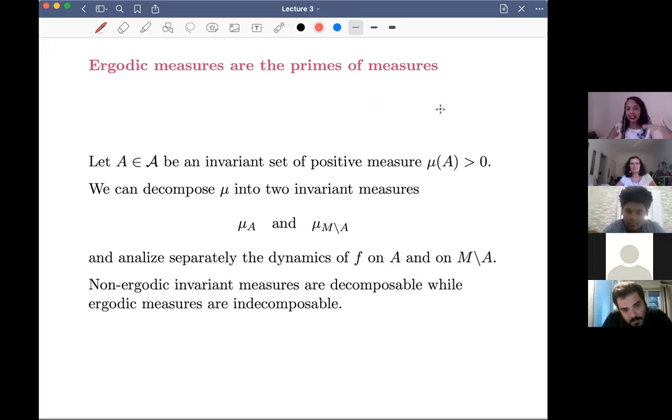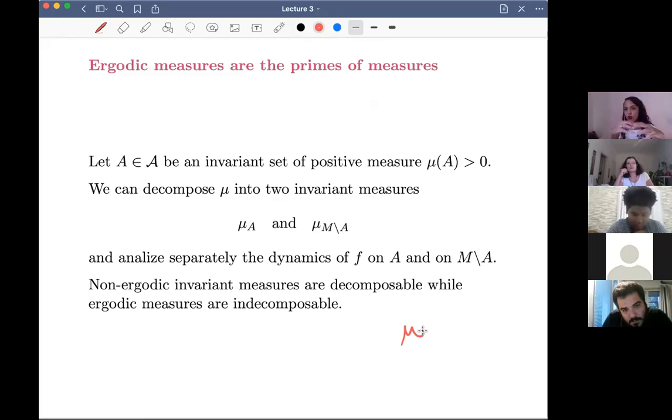Okay, and there is a very nice theorem that I will not have time to speak about, but I will just give you a few words now. That is the ergodic decomposition theorem. For each invariant measure, you can decompose it in a way that all the elements in the decomposition are ergodic measures.